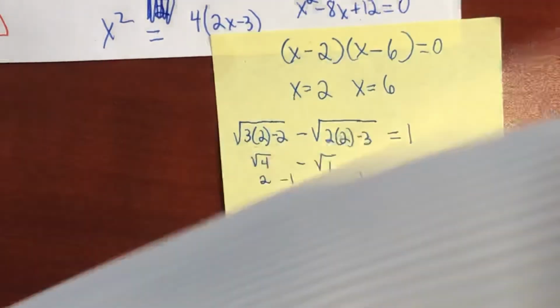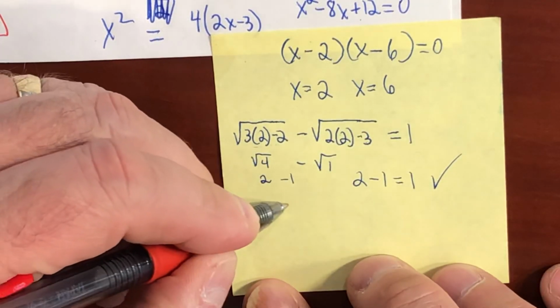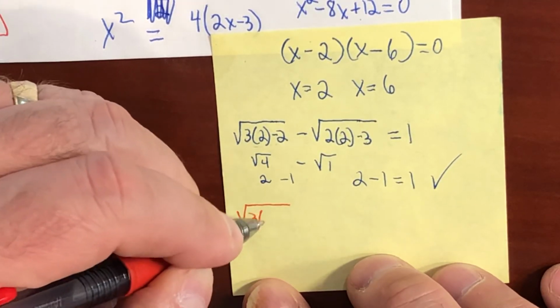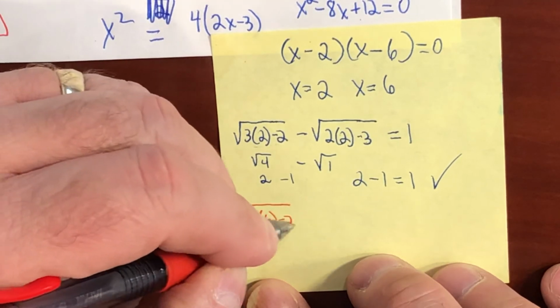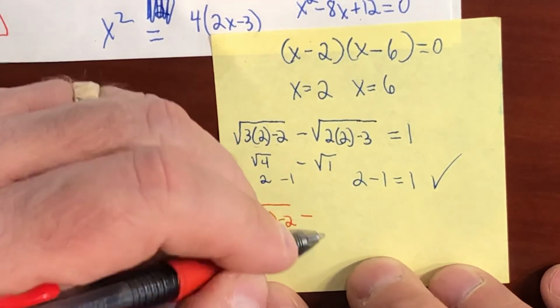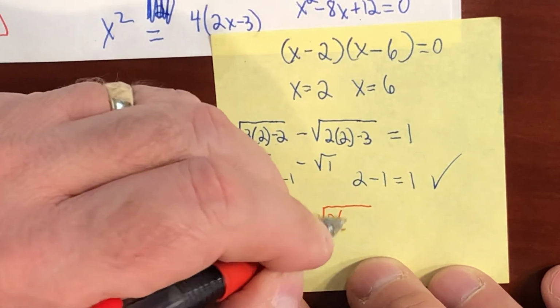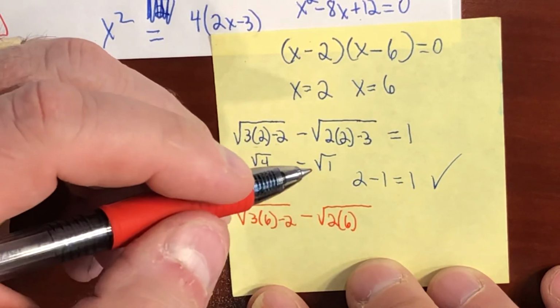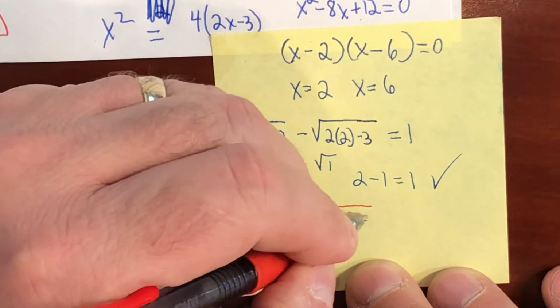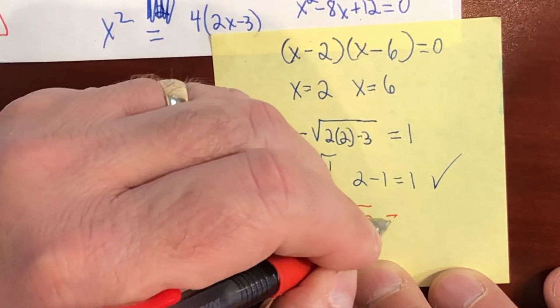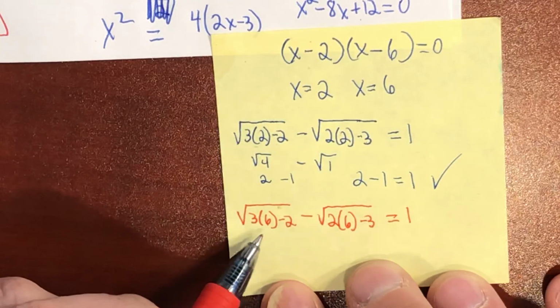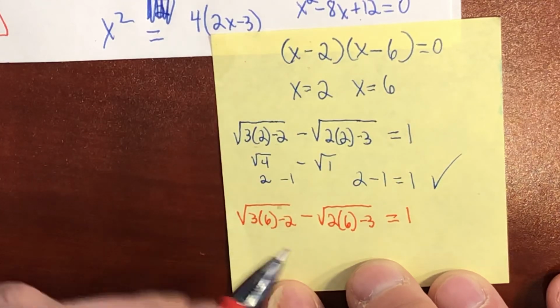I'll do that one in red. Square root of 3 times 6 minus 2 minus another square root of 2 times 6. Remember, I'm putting 6 in place of the x. Minus 3. Does that equal 1? So 3 times 6 is 18, minus 2 is 16.